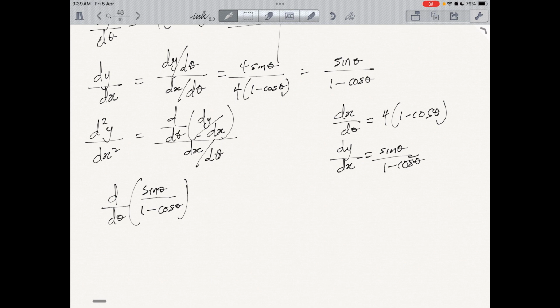Now taking a look at this, we realize that this is differentiation of a quotient where sine theta is u and 1 minus cos theta is v.